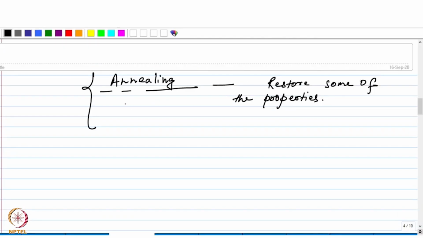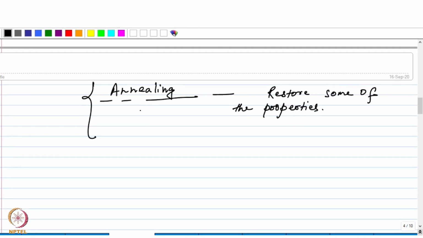Okay, so annealing is nothing but a heat treatment process wherein you heat the material to a certain elevated temperature and hold it for a certain period of time.